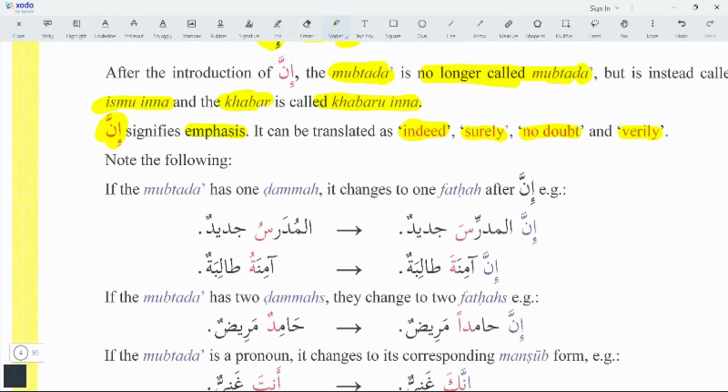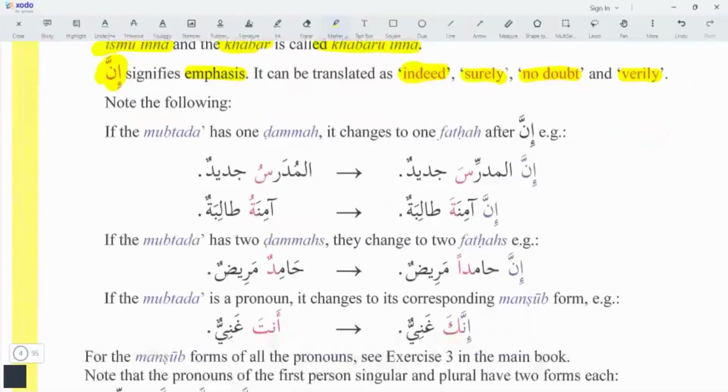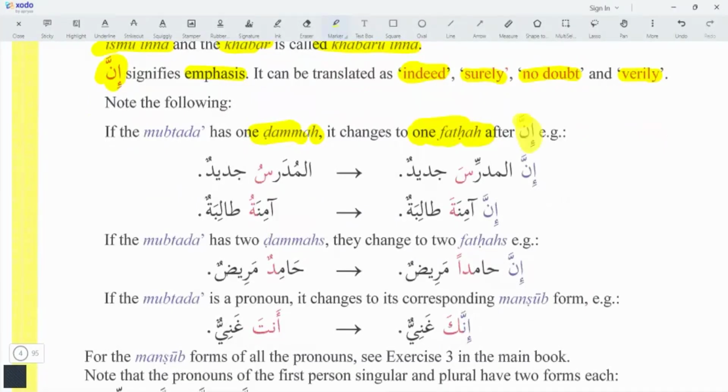And it signifies emphasis, tawkid. If the mubtada has one dhamma, it will change into one fatha after using the inna in the nominal sentence.